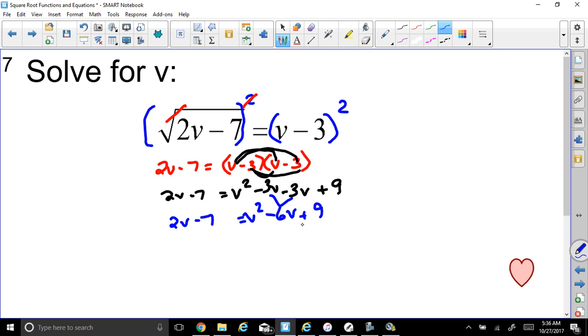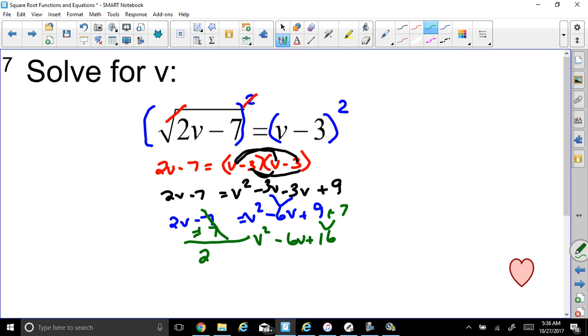Let's try to get all the terms together so we can factor this out. So let's first add 7 to this side, and we'll add 7 to this side. That'll give us 16, which is positive, and we'll have v squared minus 6v, because the 7's canceled out.